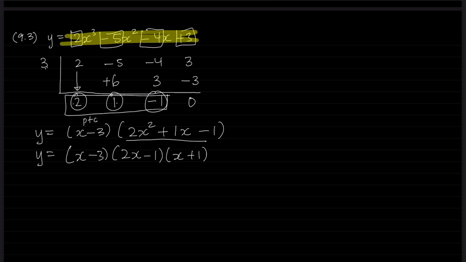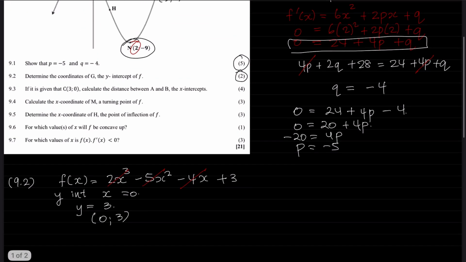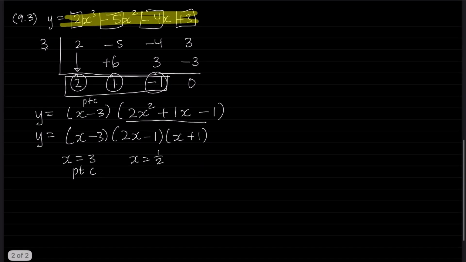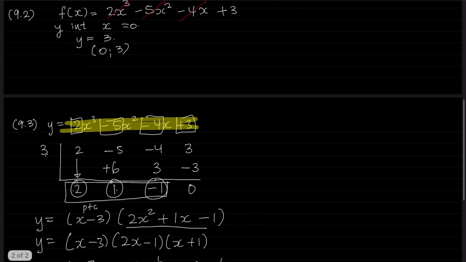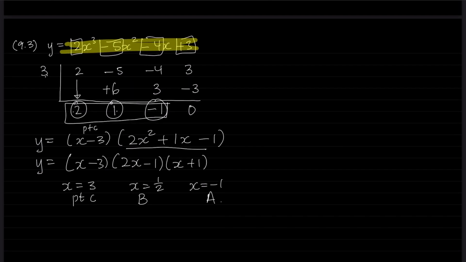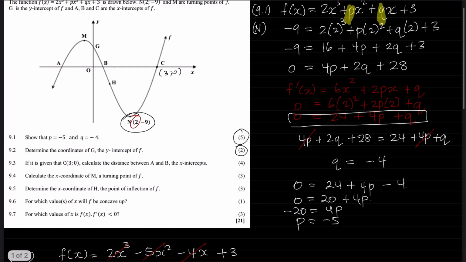And from here, we can get our values. We know that one is going to be x is equal to 3, that's point C. Then the other one is going to be x is equal to a half, and that's going to be point B. And then the last one, x is equal to -1, and that's going to be point A. Let's input that on our diagram.